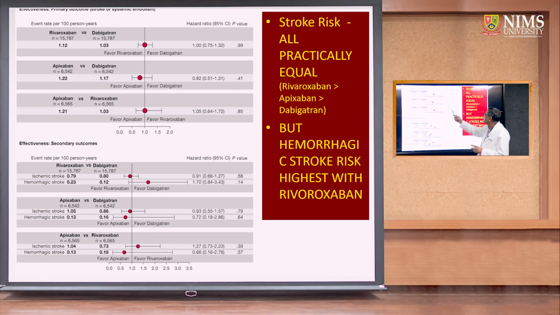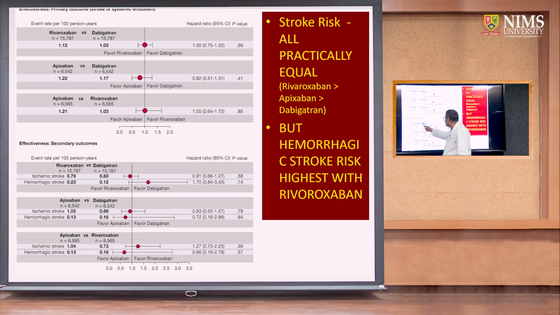You compare. If you compare the stroke risk, you find that pretty much all of them have the same stroke risk reduction. Maybe you can think apixaban may be a little better, but it is not statistically significant, because the intervals are still overlapping, but you might think that apixaban may be more effective in stroke reduction.